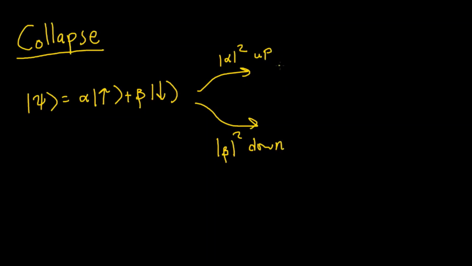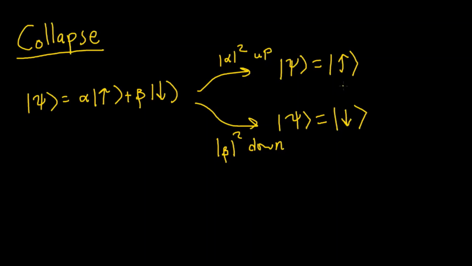And if it's measured to be spin up, then after the measurement is performed, the state will be equal to the spin up state. And if the state is measured to be spin down, then after the measurement is performed, the state will be spin down.